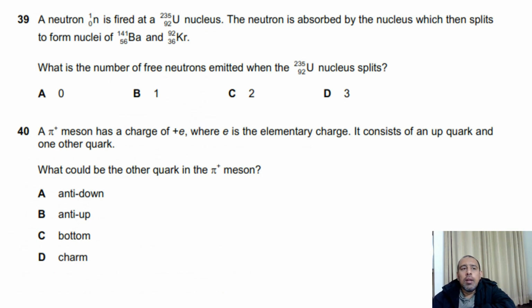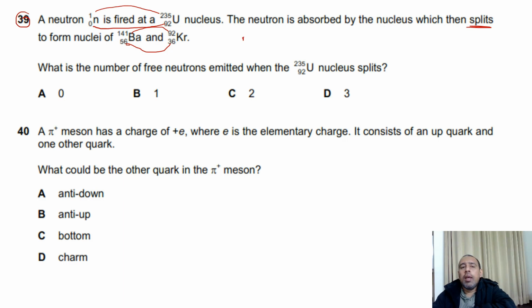Moving forward, here we have question number 39. A neutron is fired at uranium-235. It means their sum is 236 and the sum of the proton numbers is 92. These are the splitting nuclei, the two new nuclei. By adding 56 with 36 we have 92, it means it's the same, but adding 92 with 141 will not give you 236.